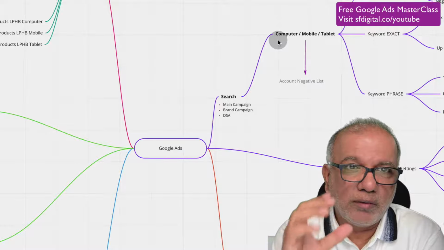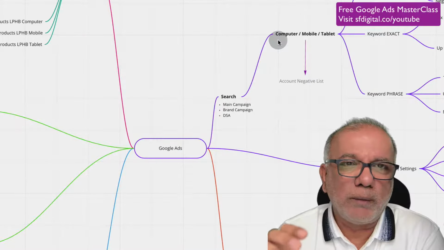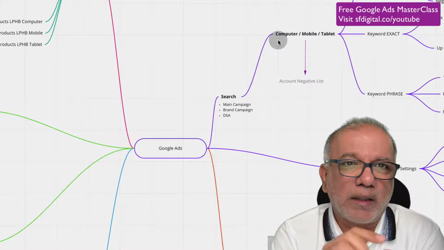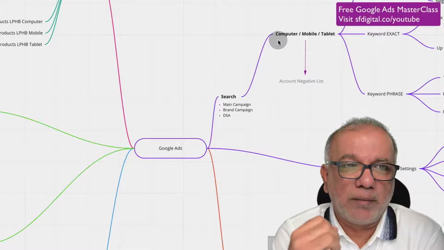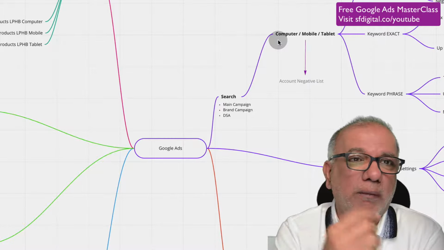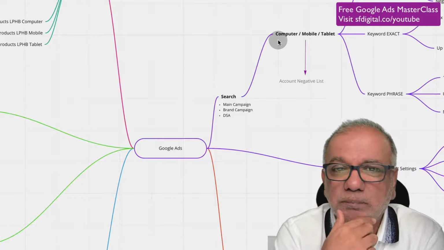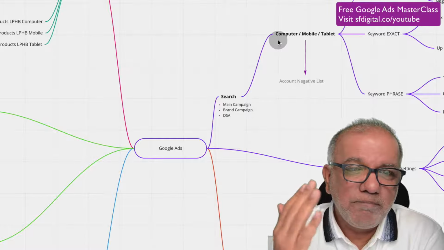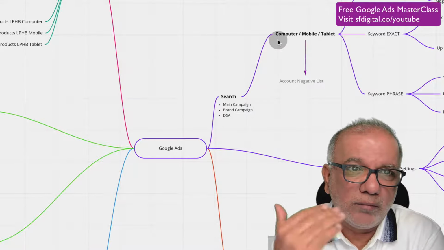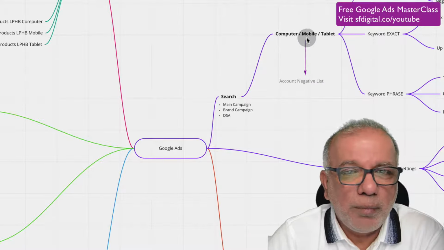Because if you have all 3 devices in the same campaign, mobile is going to eat up the whole budget, and the tablet and the computer are not going to get a look in and will be restricted by the budget, and you will wonder why are my ads not showing up on computer whenever we try to see it. So I would recommend that we separate all three and allocate each campaign with their own budget.